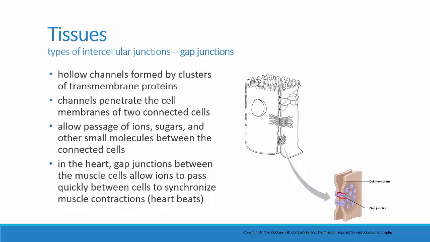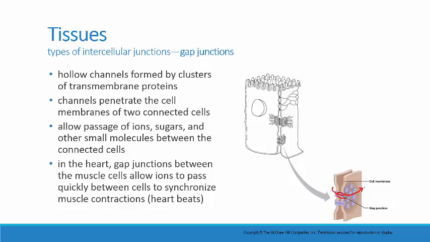And so this allows the cells to be in very close communication with each other. Ions, sugars, and other small molecules can pass from the interior of one cell to the interior of the other. So anywhere we need cells to be in close communication, we'll find these gap junctions.